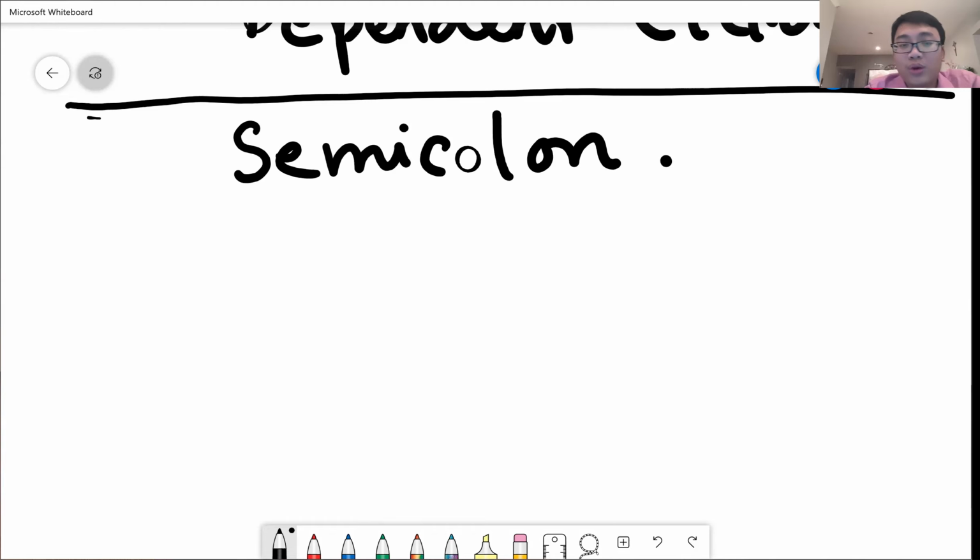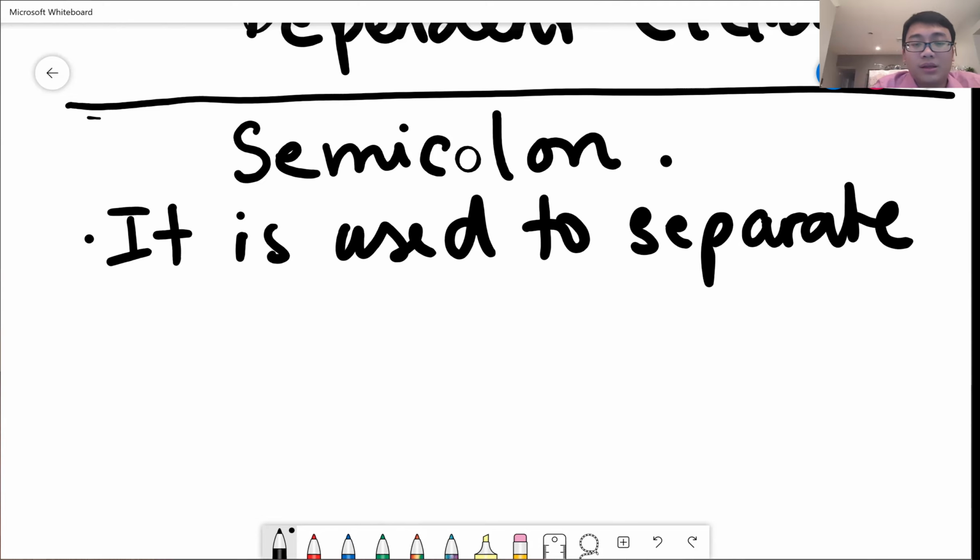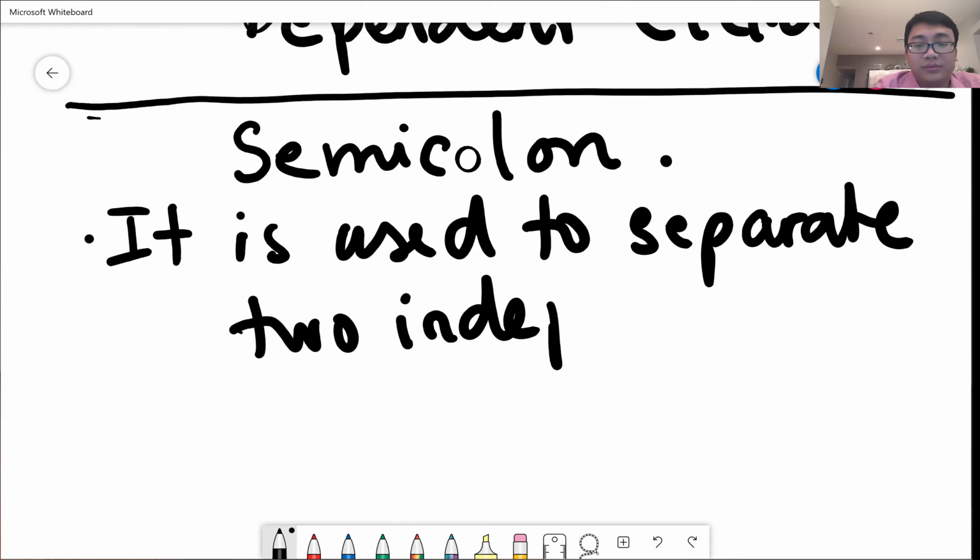The only rule I need you to know is that a semicolon is used to separate two independent clauses. Let me repeat that. It is used to separate two independent clauses.